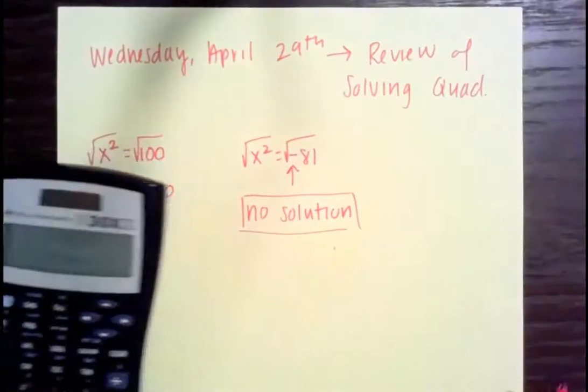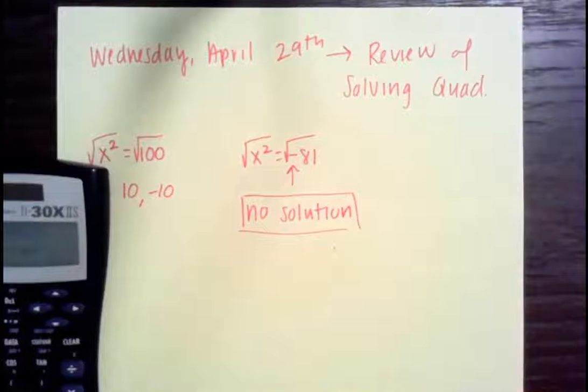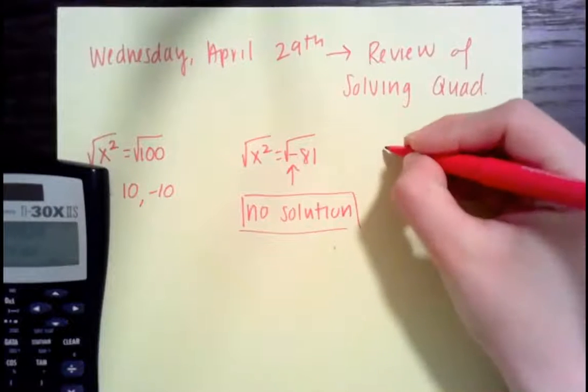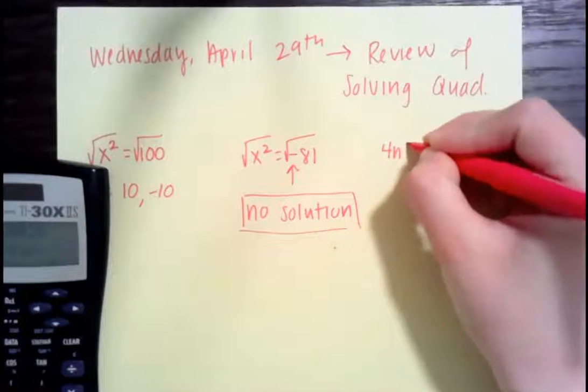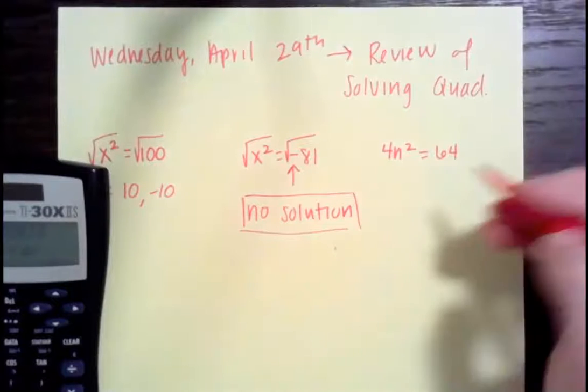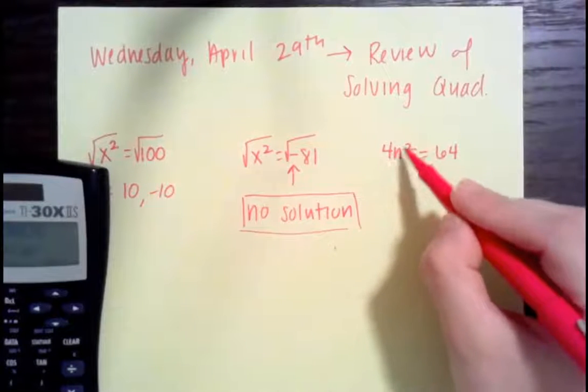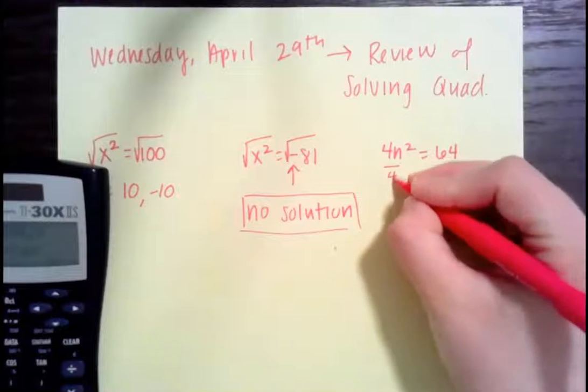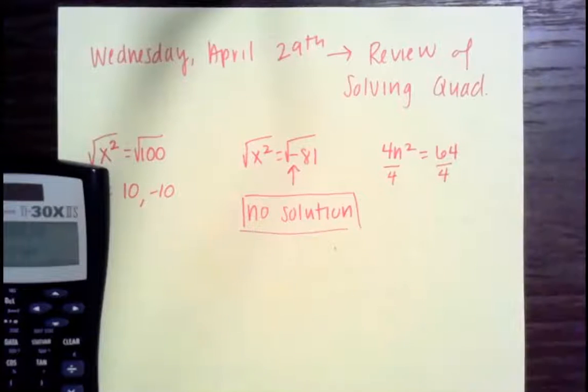Okay, let's do one more just for good luck here. Let's say we have 4n squared equals 64. So again, we always want to get that variable by itself. So how do I get n by itself here? Well, we divide both sides by 4. So 64 divided by 4, we're going to get 16.